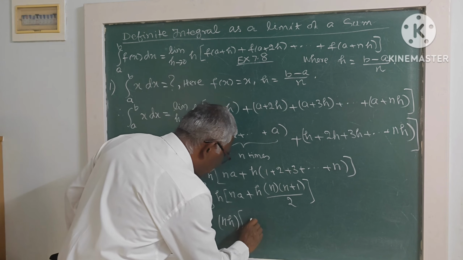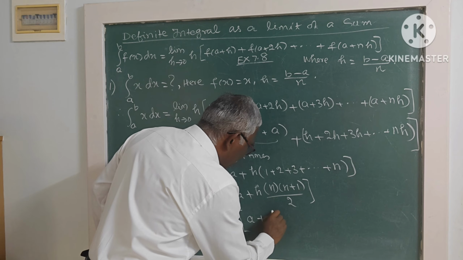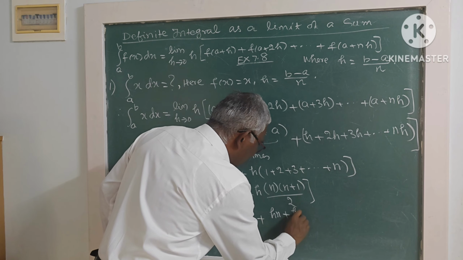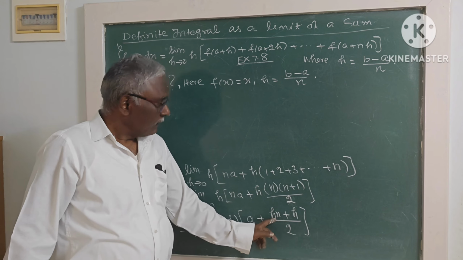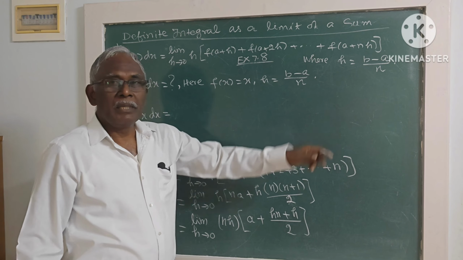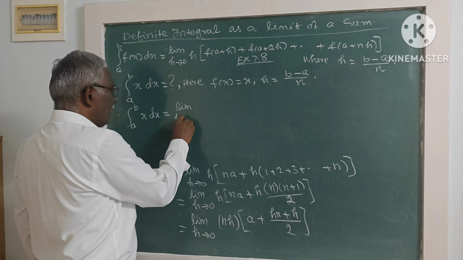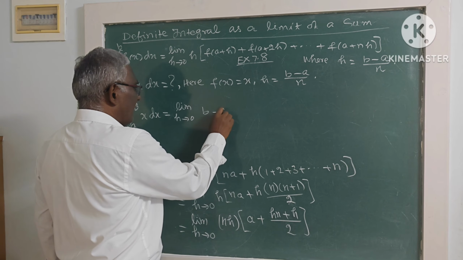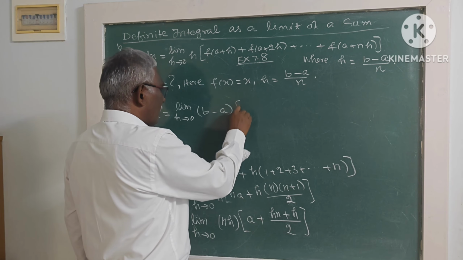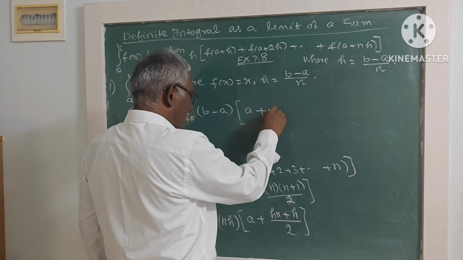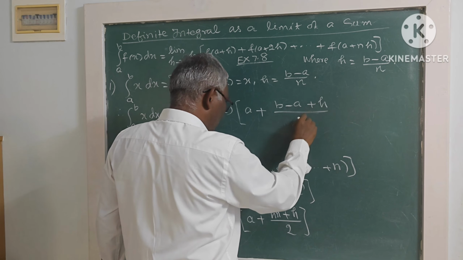So here a only. Then multiply this hn plus h by 2. Wherever nh is there, put nh is b minus a. So this is equal to limit h tends to 0 (b minus a) times (a plus (b minus a) plus h by 2).